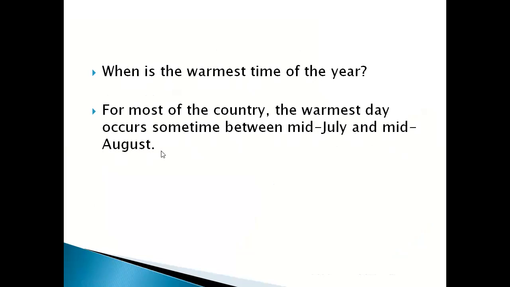You have summer vacation because of the hot weather. So our warmest days come in mid-July and mid-August. These two months are hot weather, hot summer. That's why we have summer vacation, because of the warm weather.